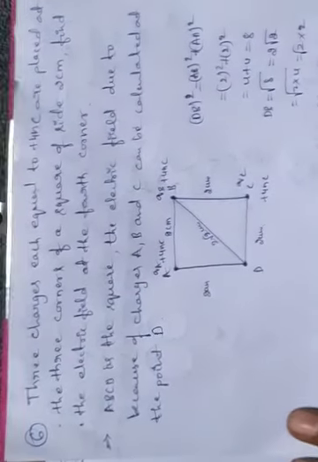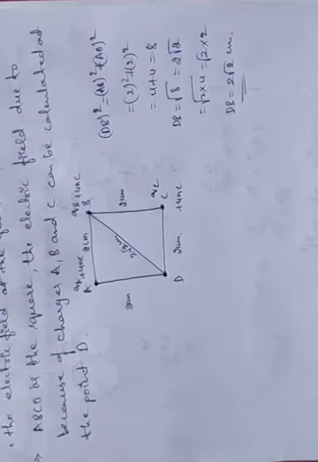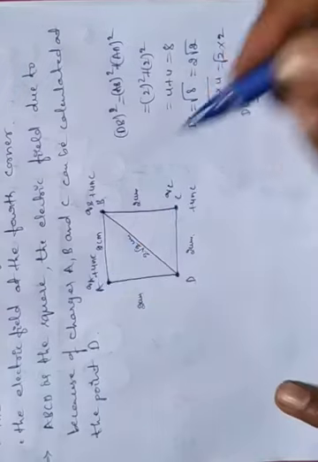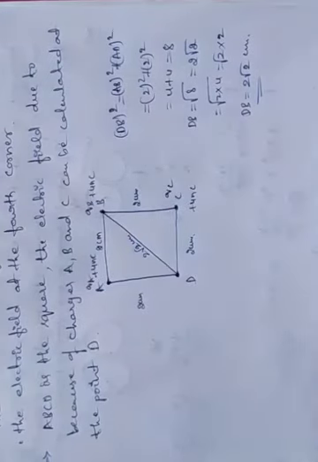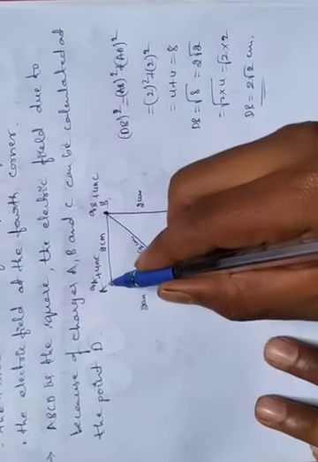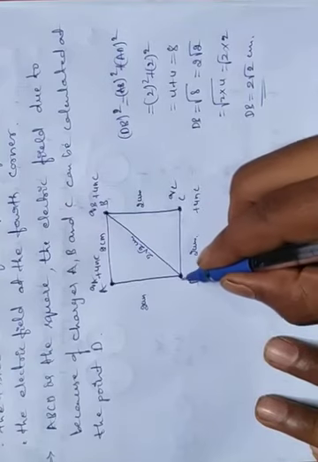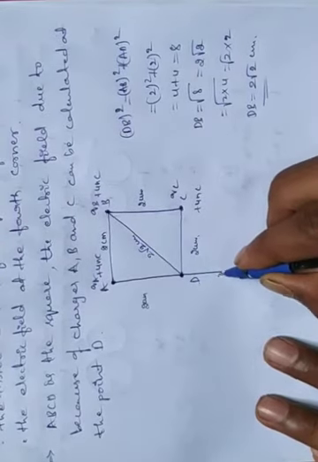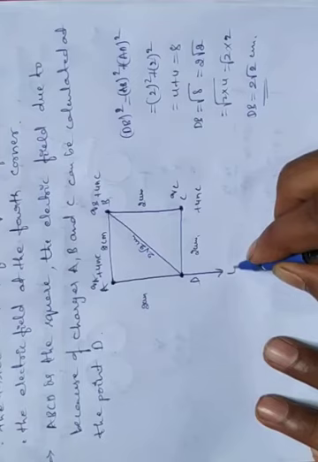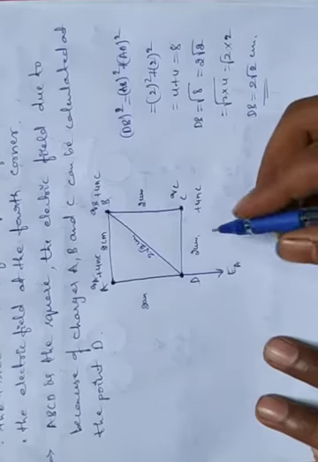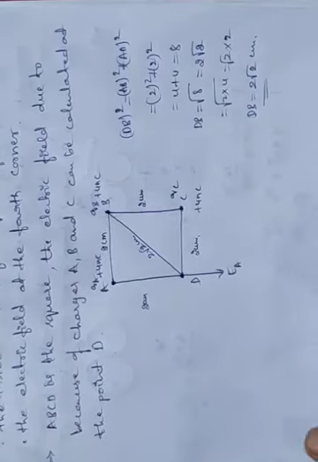Observe carefully. First, the electric field due to this charge QA acts in the direction of the force only. So here due to this charge QA, the force acts in this direction, so the electric field also acts in this direction. That we can write as EA, due to the charge QA.